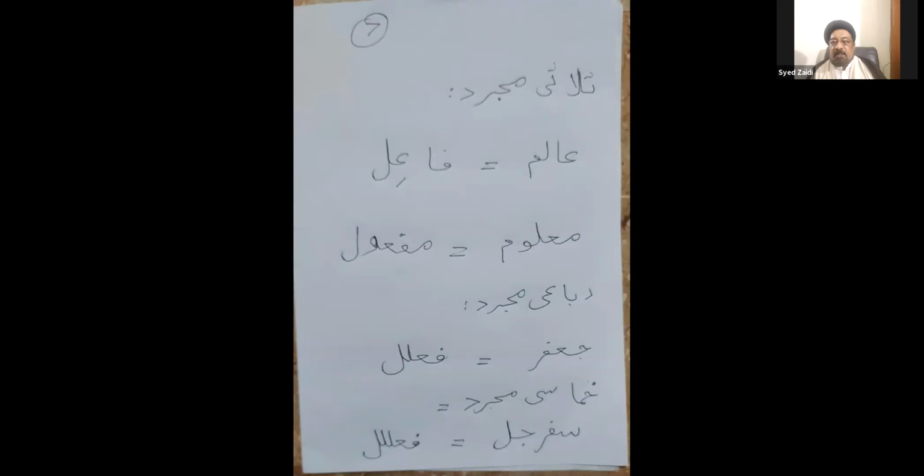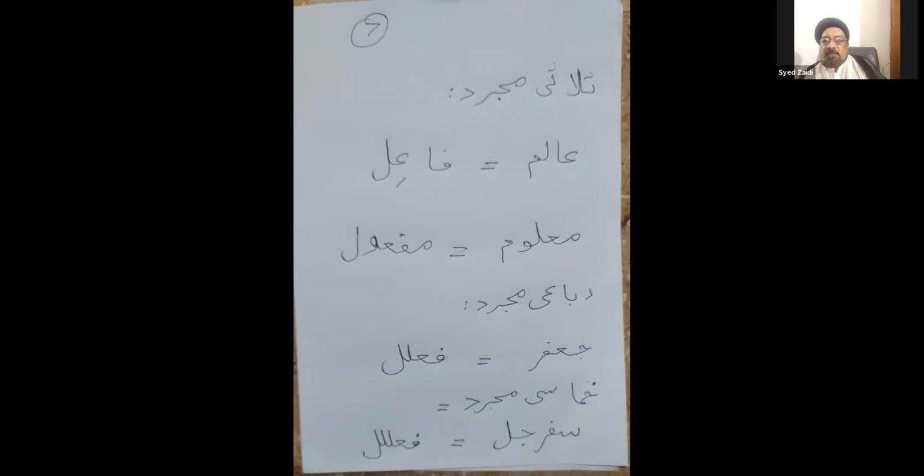All right. Now, as we have learned earlier, Thulathi Mujarrad, Rubai Mujarrad, and in the last lesson we had learned Khumasi Mujarrad. Thulathi Mujarrad consists of 3 letters, Rubai of 3 or 4 letters, and Khumasi of 5 letters. So what do we do in Thulathi Mujarrad?